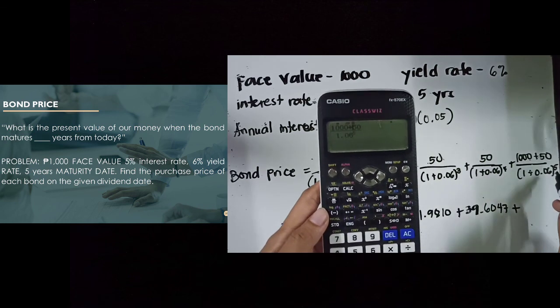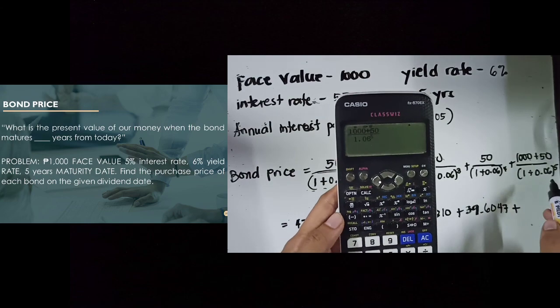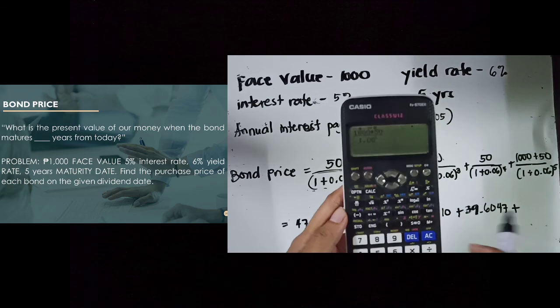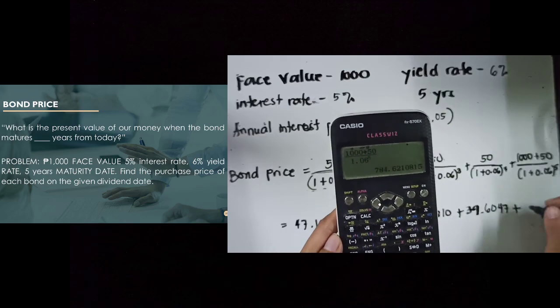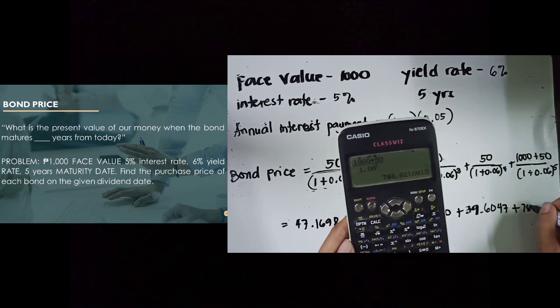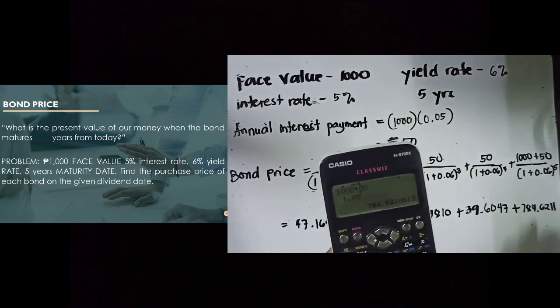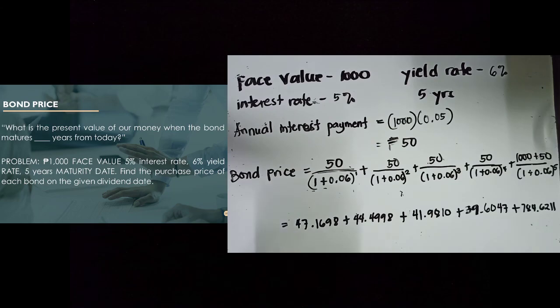So, 1,000 plus 50 or 1,050 divided by 1.06 raised to 5. So, that is equal to 784.6211.